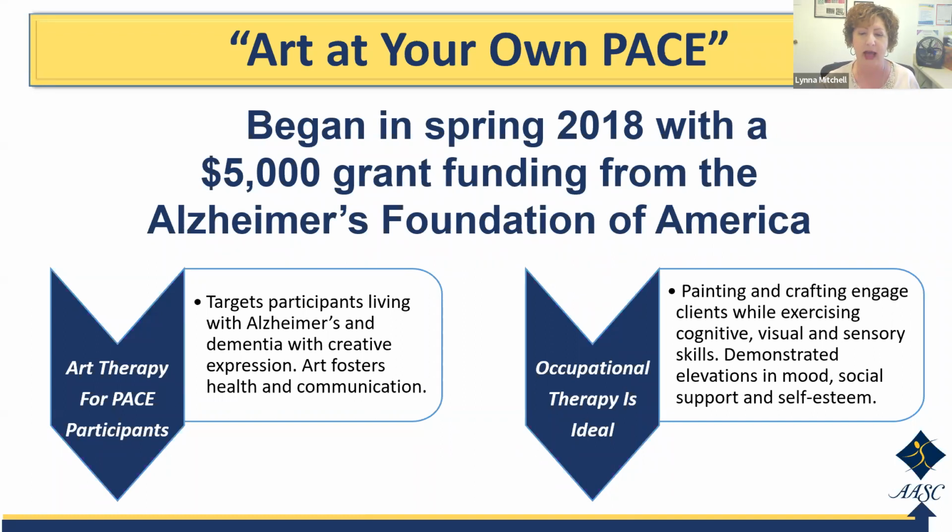Occupational therapy is an ideal setting since painting and crafting use techniques that engage clients while exercising cognitive, visual, and sensory skills. Art has been shown to elevate mood and increase social and sensory skills.